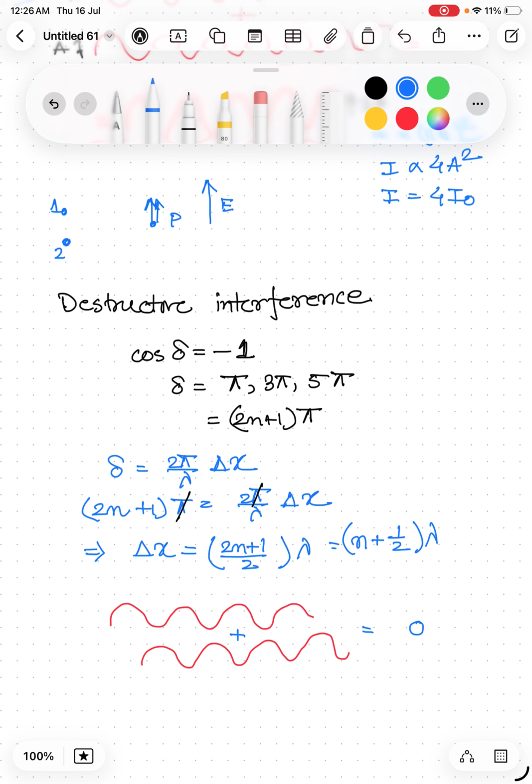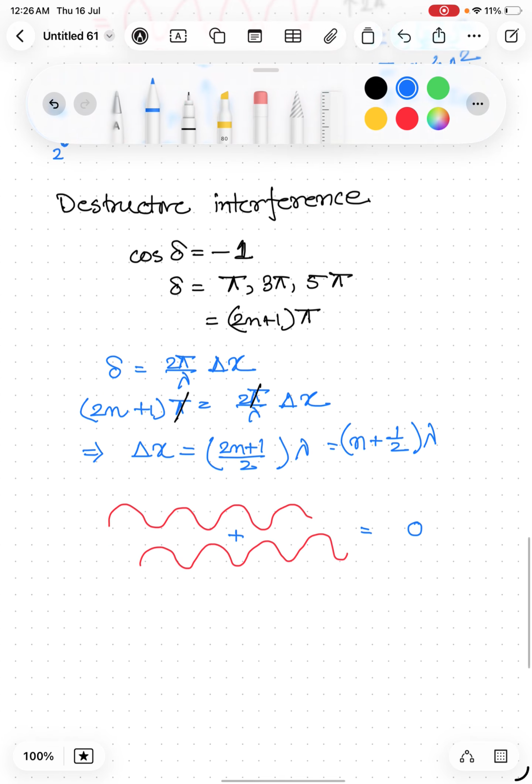So despite the fact that light is coming from both the sources, if I switch on one source, I'm going to see some light. If I switch off that source and switch on the second source, I'm going to see some light. But if I switch on both the sources, then I'm not going to see any light.